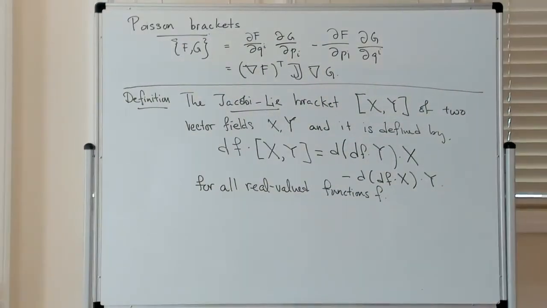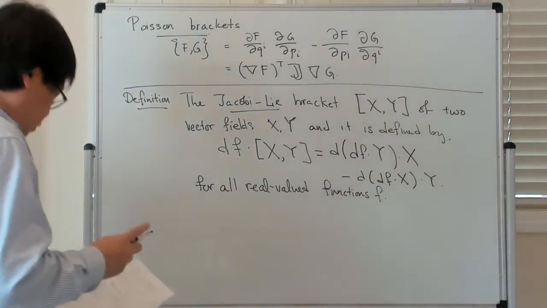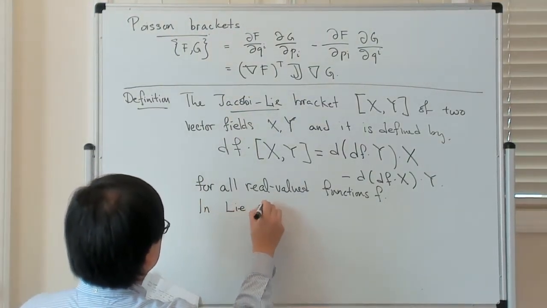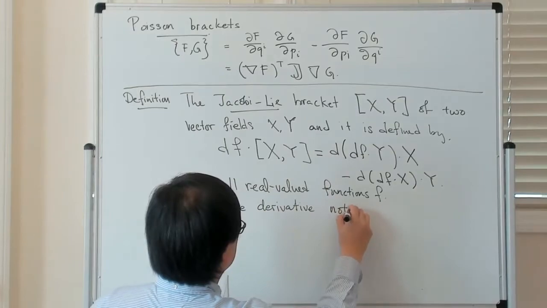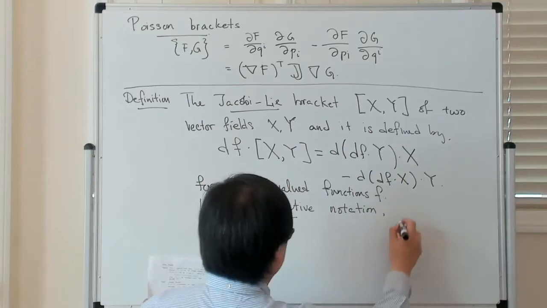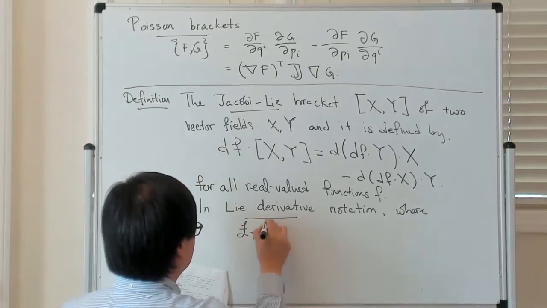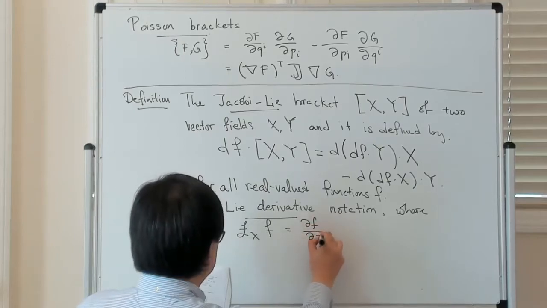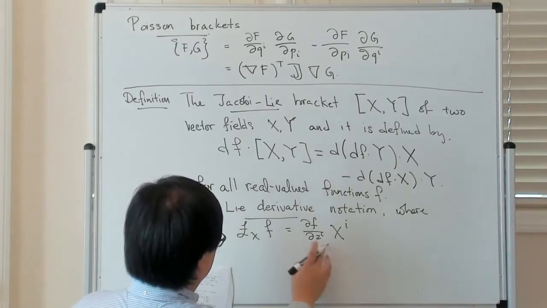Okay, so you can re-express this in terms of what is called the Lie derivative notation. In Lie derivative notation, you have the property that the Lie derivative with respect to a vector field x of a scalar valued function f is just df/dzi times xi.